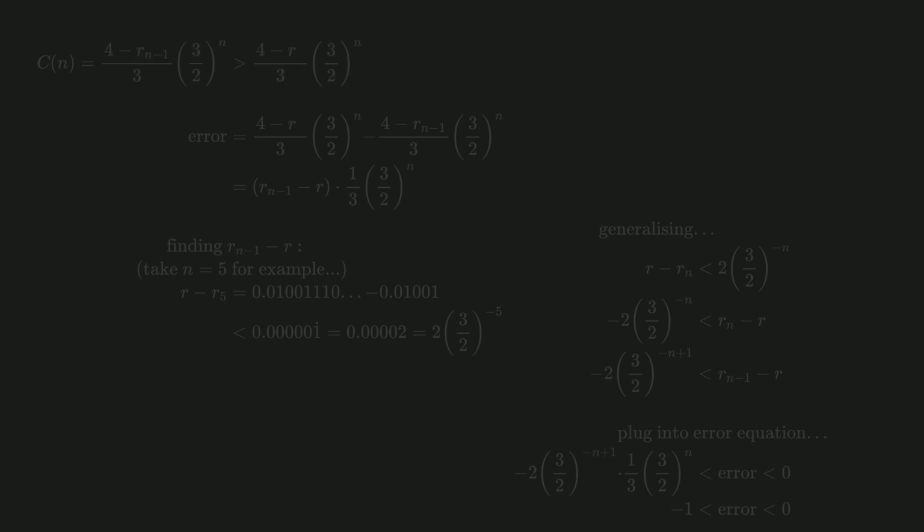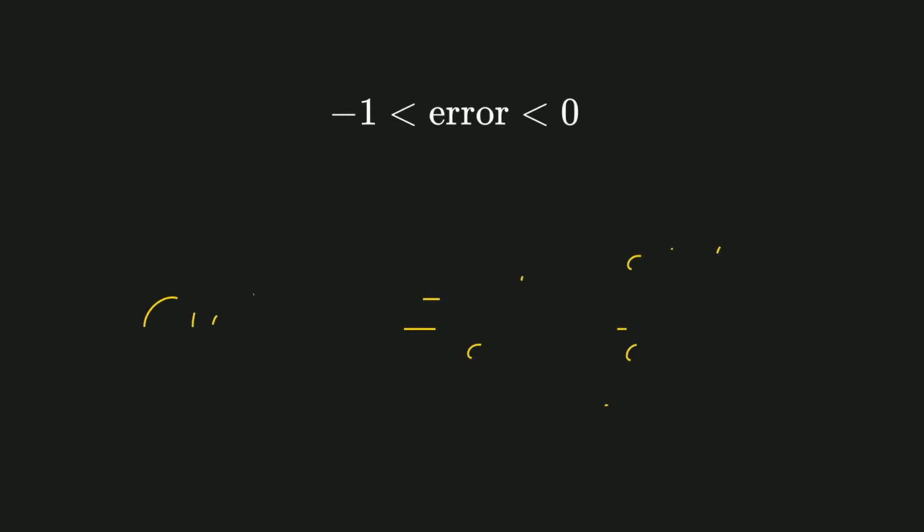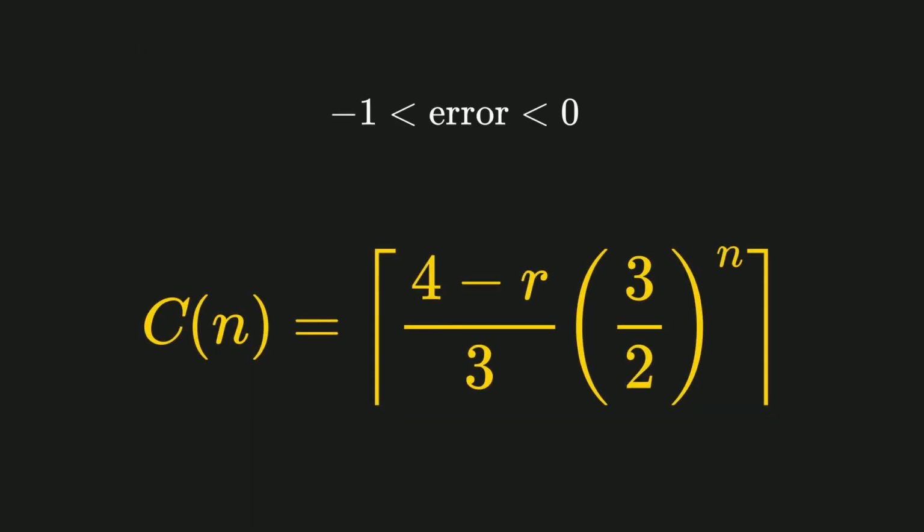The second important point is that this difference between Rn and R decreases on average by a factor of 2/3, and this is cancelled out by the 3/2 to the n, nicely leaving the error trapped between -1 and 0. Therefore, rounding up or applying the ceiling function, that's what these brackets mean, the error goes to 0 and we get the promised analytical formula for the exact value of C in terms of n and the irrational constant r.